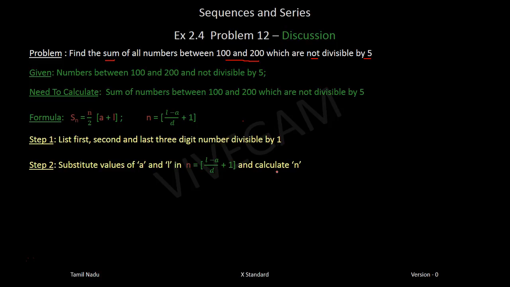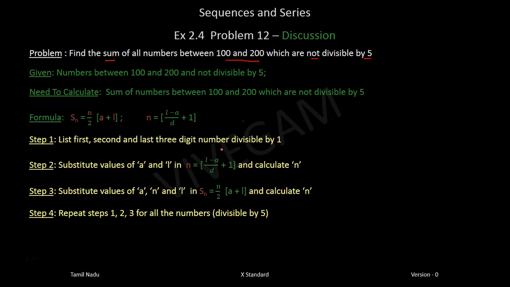Calculate n. Once you have n, you use the formula Sn equal to n by 2 into (a plus l). So this is the sum of all the numbers between 100 and 200, that is 101 plus 102 plus 103 plus 104 up to 199. That is what we are getting in this step.